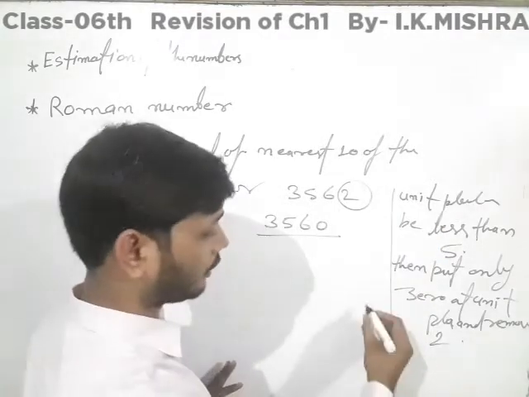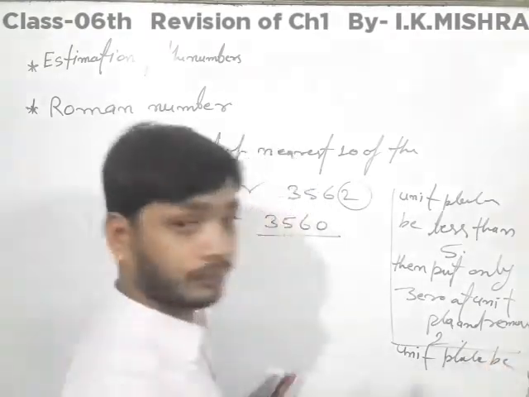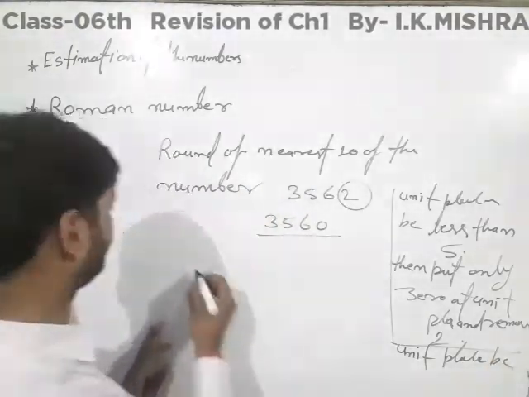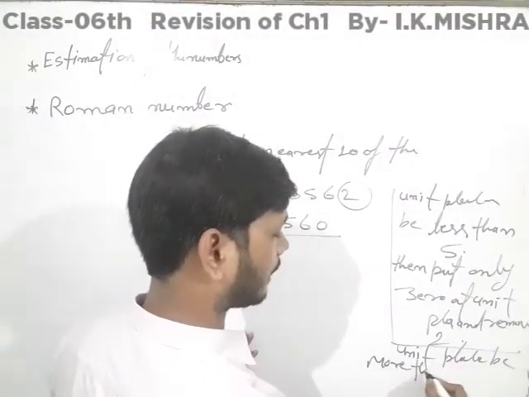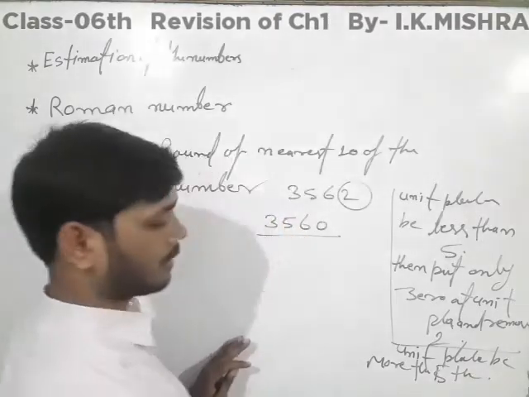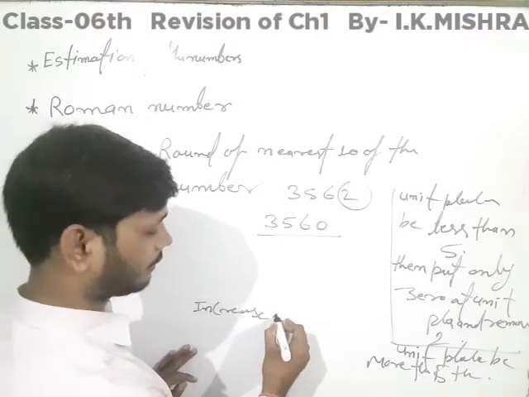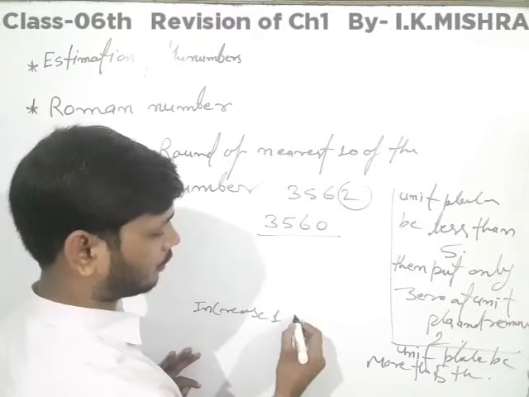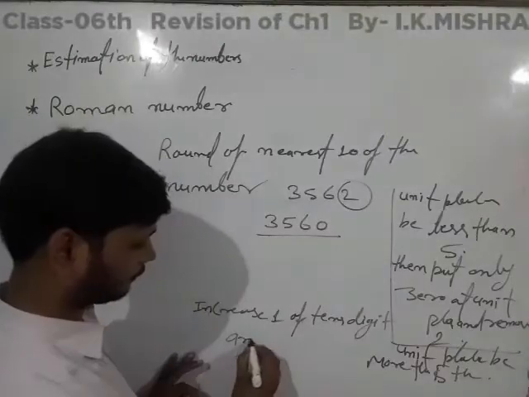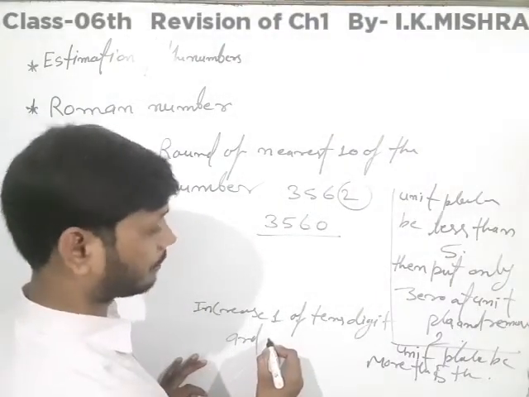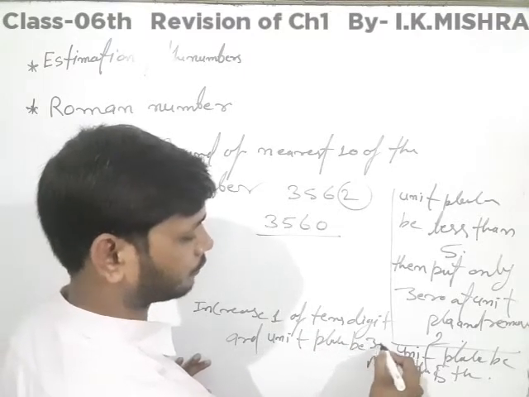Students, if the unit place is more than 5, then increase the tens digit by 1 and the unit place becomes 0.